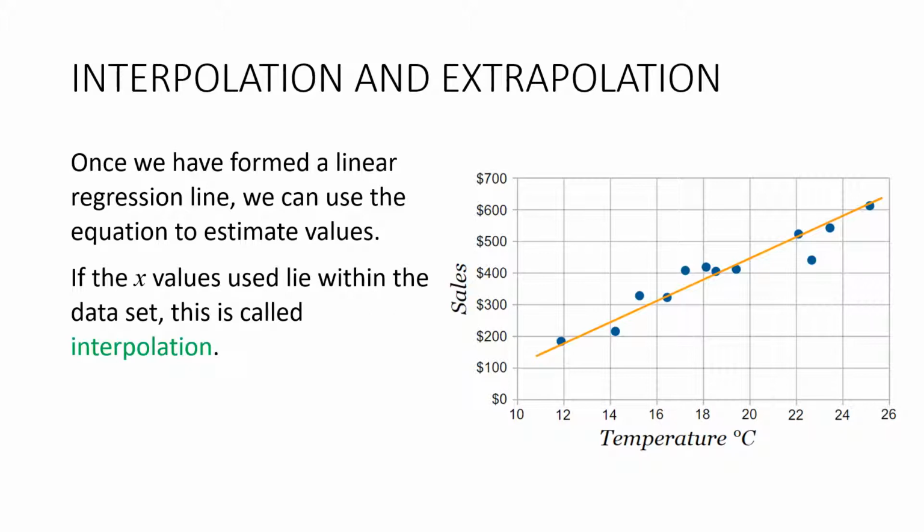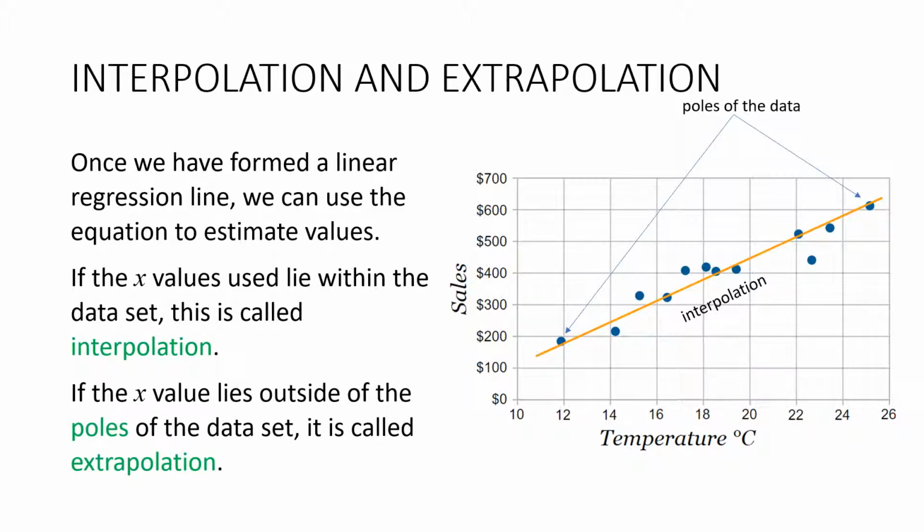So if the X values that you use, so that's the temperature, in your linear regression line, lie within the data set, so in between these 2 points, then we call this interpolation. Now these 2 points here are called the poles of the data. So they're the edges. So if I'm inside here, it's called interpolation.